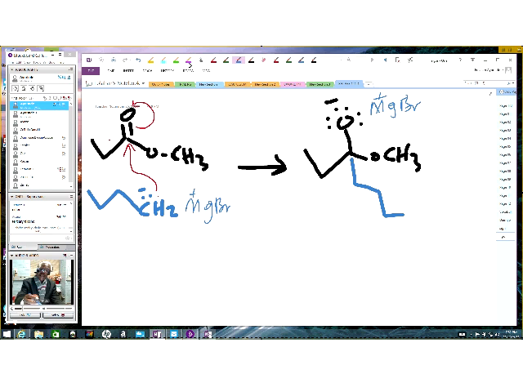This intermediate is very unstable. So what it wants to do is regenerate the carbonyl group. In so doing, to regenerate the carbonyl group, we move this pi electron pair back to here.